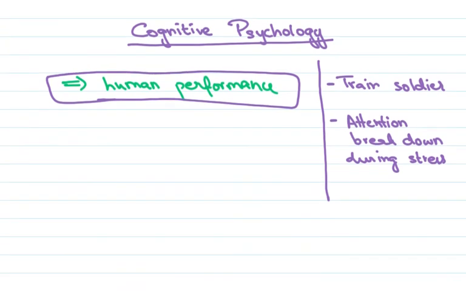And this research on human performance eventually evolved into information processing research, which is still relevant in cognitive psychology. What's studied is how information is processed through the brain.